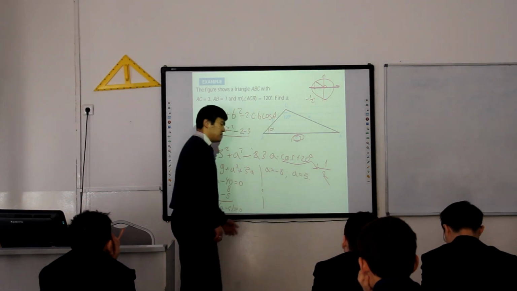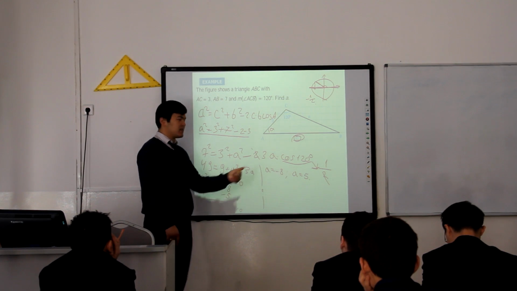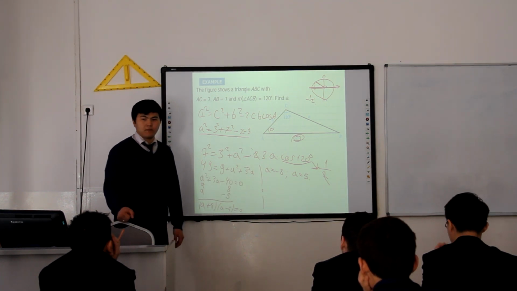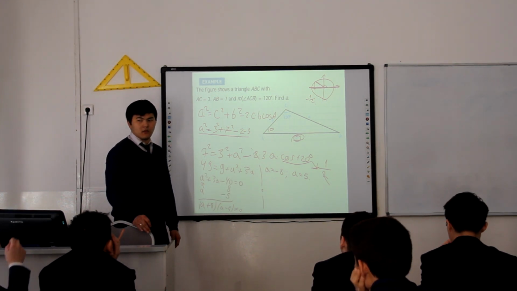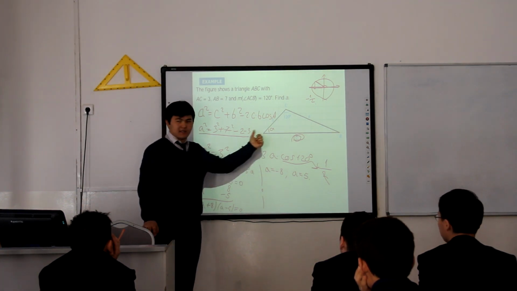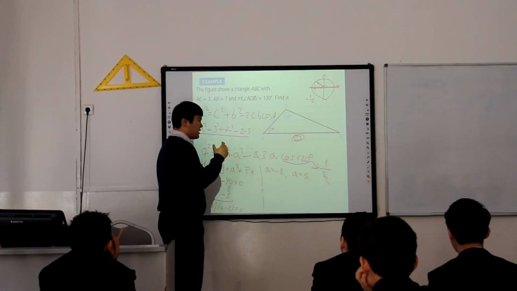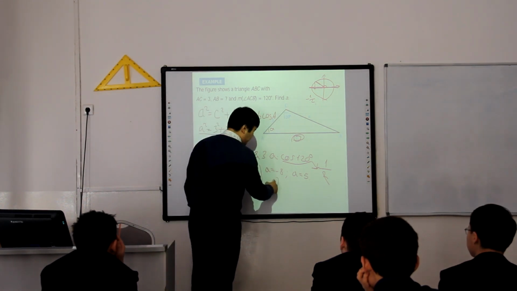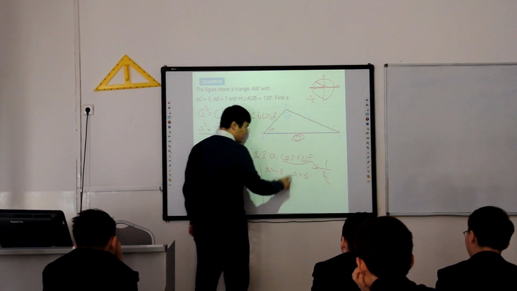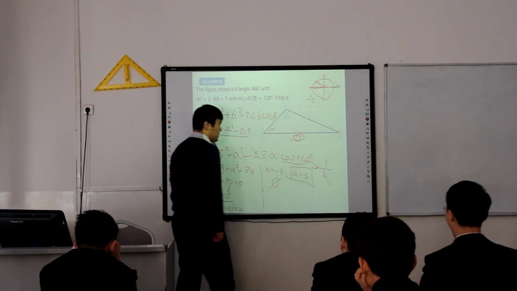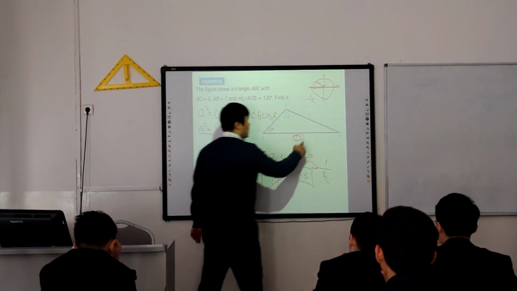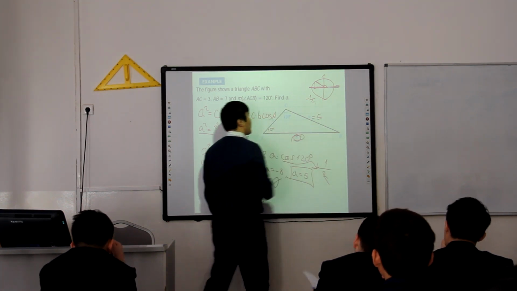It can't be minus 8, because it's a side length, so we choose this one. Then our answer is a is equal to 5.